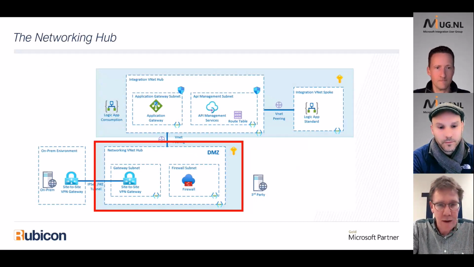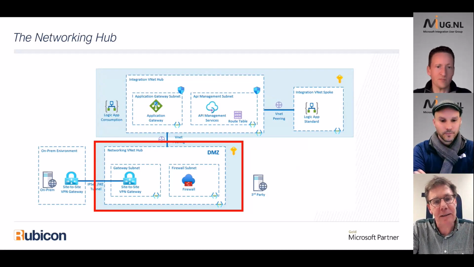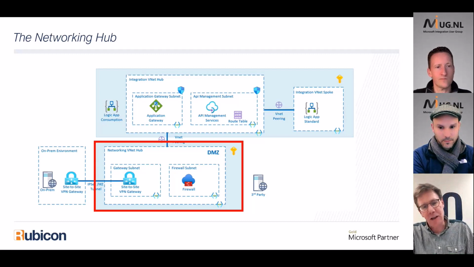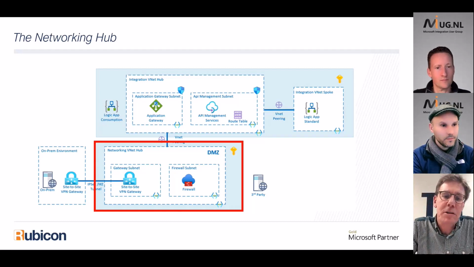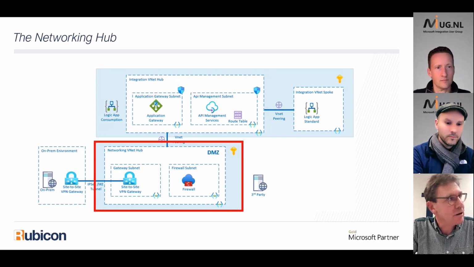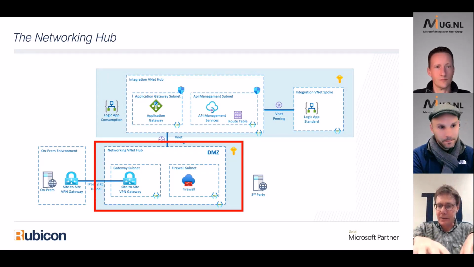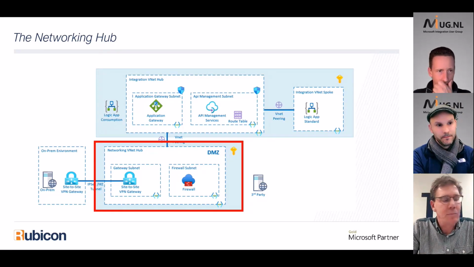Now, one final virtual network I'd like to add is the networking hub. I have a different subscription for this. That's the networking subscription. And the reason for this is that you often see that there is a central department. For example, I've been working for Volker Wessels, and there they have different branches.